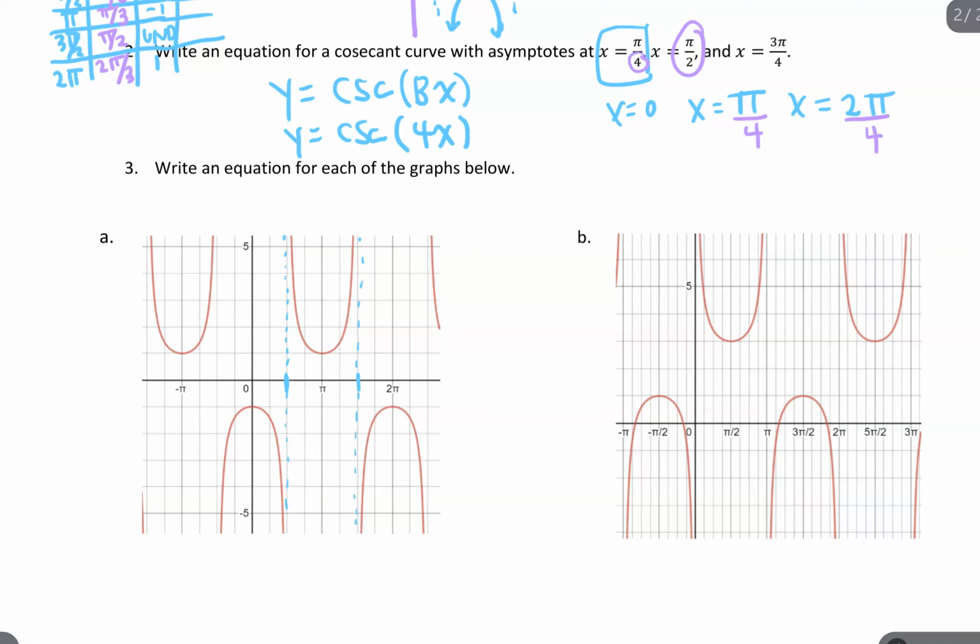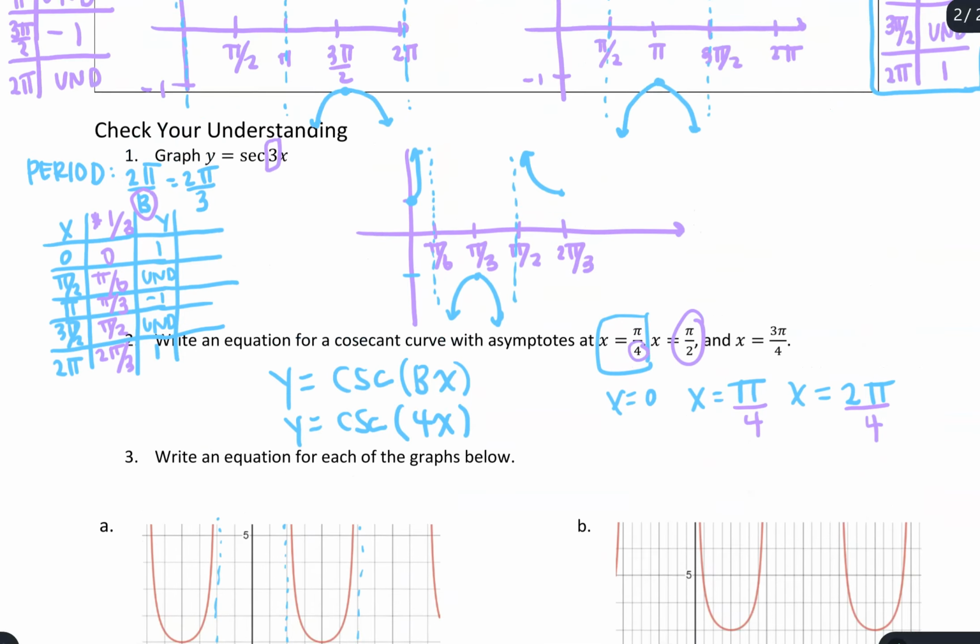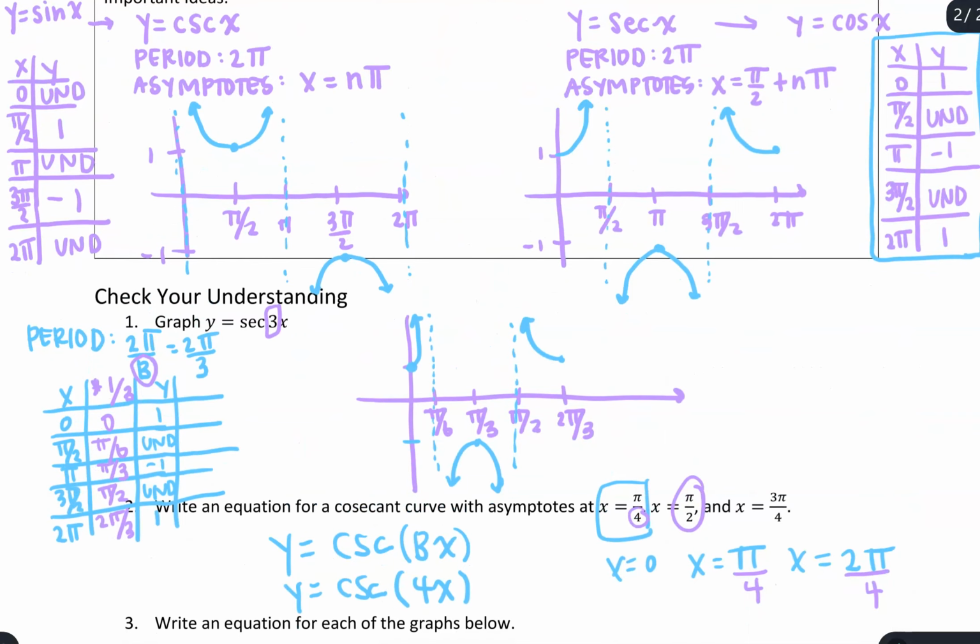Secant, yes. All right, but secant usually does not open down right here, does it? Nope. What does it usually do? It opens up, right?